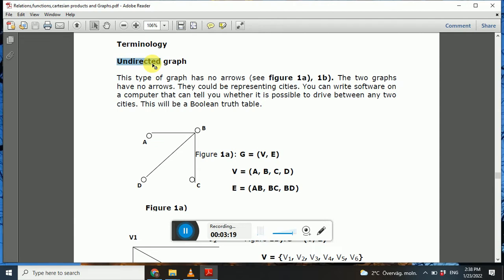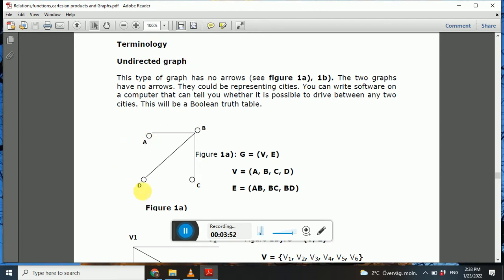For example, when you're walking on the road, there are road signs. And what do road signs use to show you that this is the direction that you should take? They always use arrows, right? So an undirected graph has different points connected with edges, but there are no arrows on those edges. So we call those graphs undirected graphs.